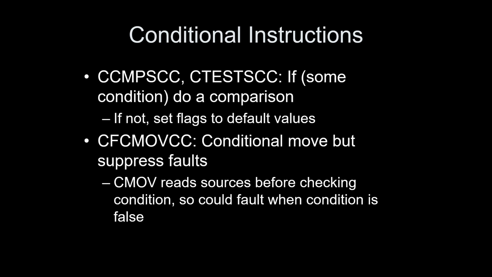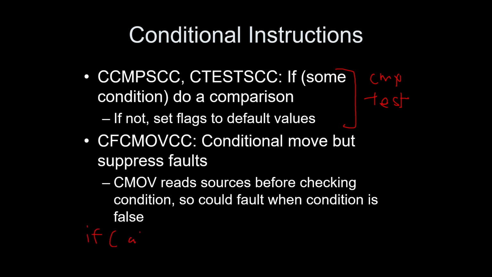And then they also added a batch of conditional instructions, like CCMP and CTEST. These are basically taking your CMP and test instructions and saying do these conditionally. So if some condition is true, then do them as usual. If not, just set the flags to a set of default values that they've provided. And what I think this is letting you do is handle really messy, chained short-circuited stuff.